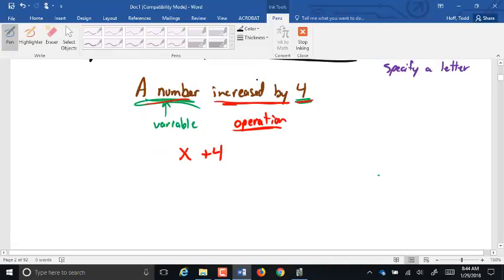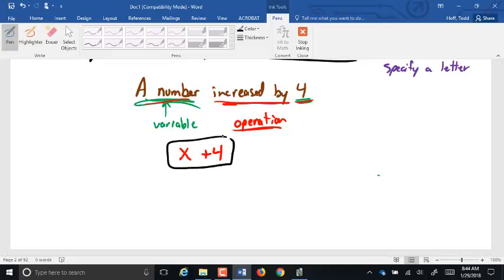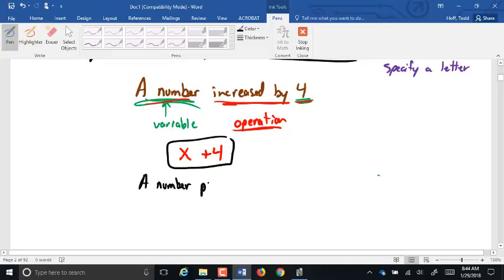What are some other phrases that might imply that exact same symbol, x plus 4? I'll put the easy one out there. A number plus 4 would be x plus 4. Can you think of any others?